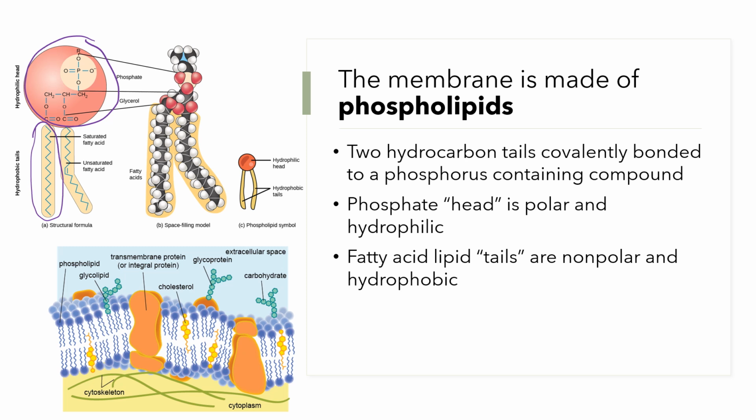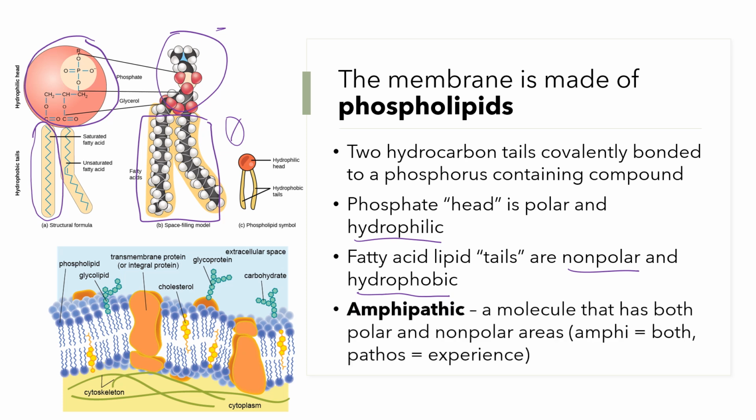The phosphate is negatively charged, making the head of the phospholipid have a partially negative charge. The tails, on the other hand, are neutral. They are nonpolar, so they are hydrophobic. The head is the only hydrophilic part.